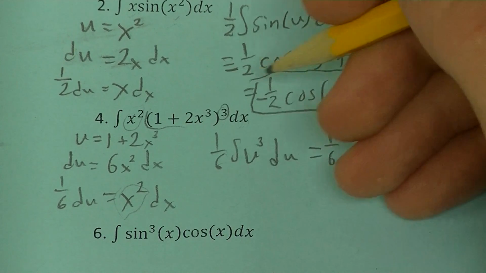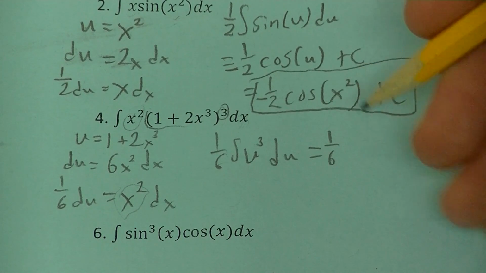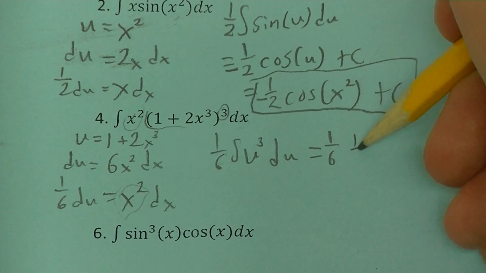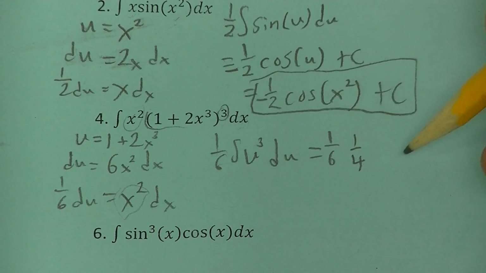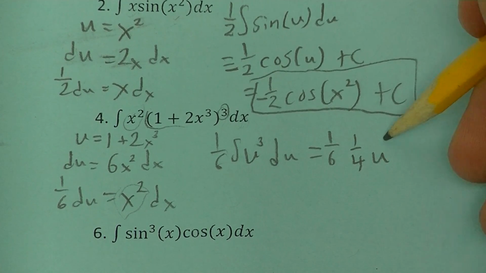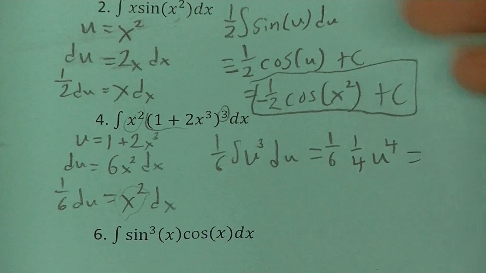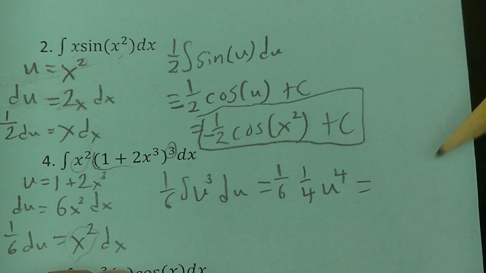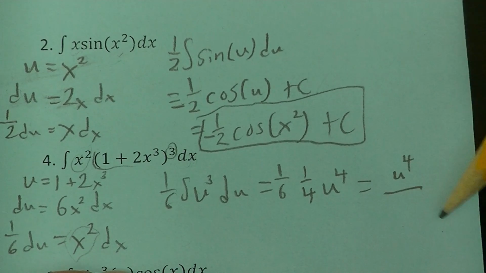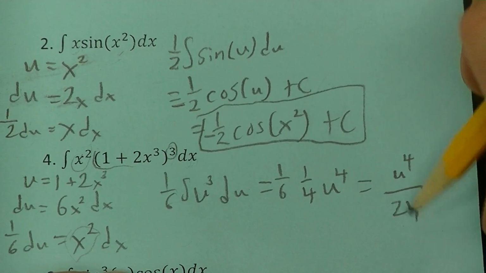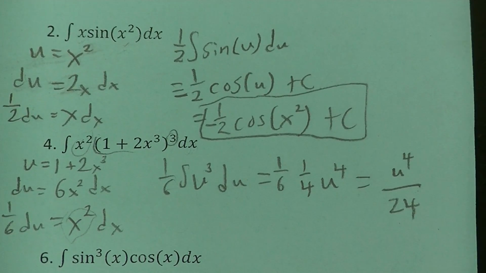And using basic integration rules, we know that the exponent's going to go up by 1 and then we divide by that whole thing. So it's going to be 1/4, because that's what the exponent's going to change to. And the du is gone, so now it's just going to be u to the power of 4 over 24, because 6 times 4 is 24.